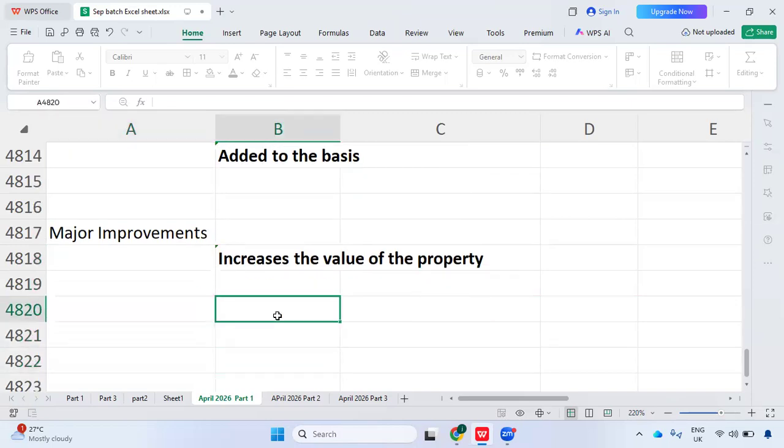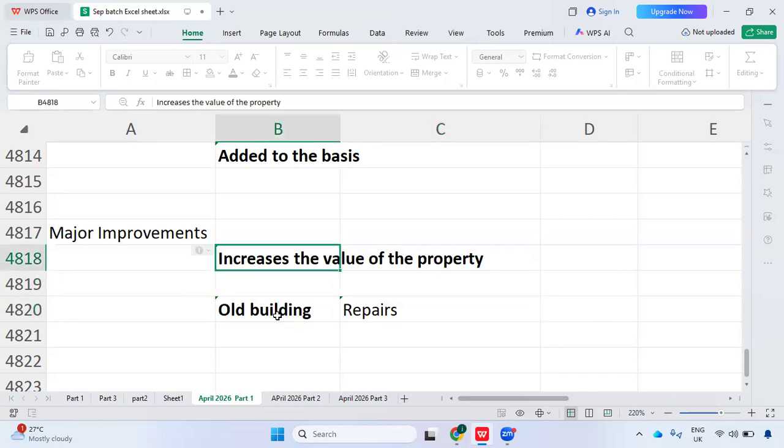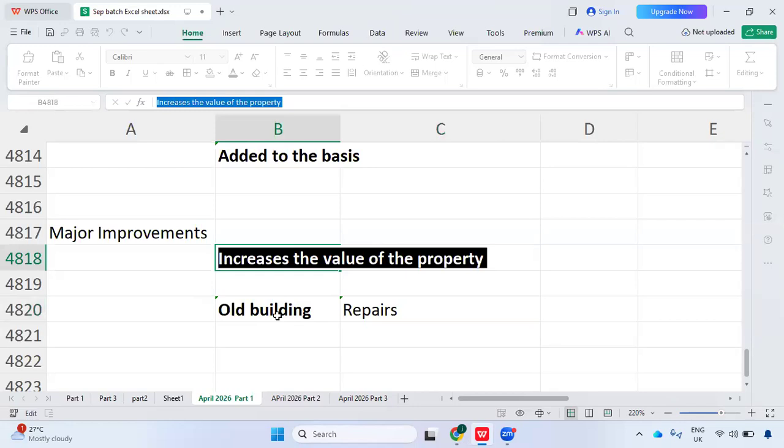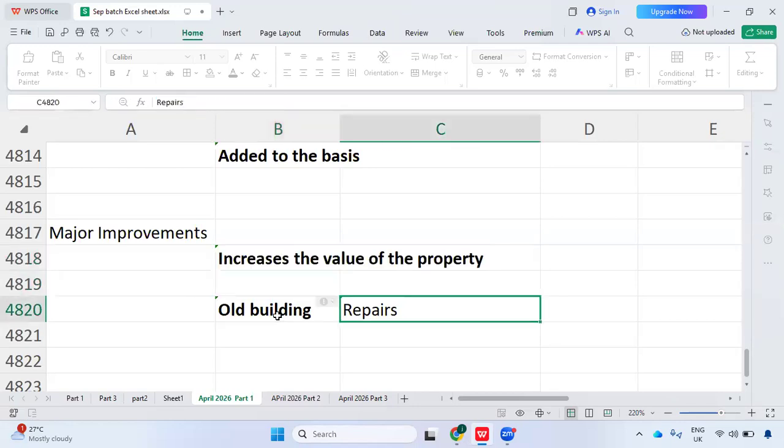Let's say there is an old building. If the taxpayer pays regular repairs, do we need to add them to the basis? Generally no. If you are paying repairs, will it increase the value of the property? Generally no, right? Repairs maintain the property in regular condition.